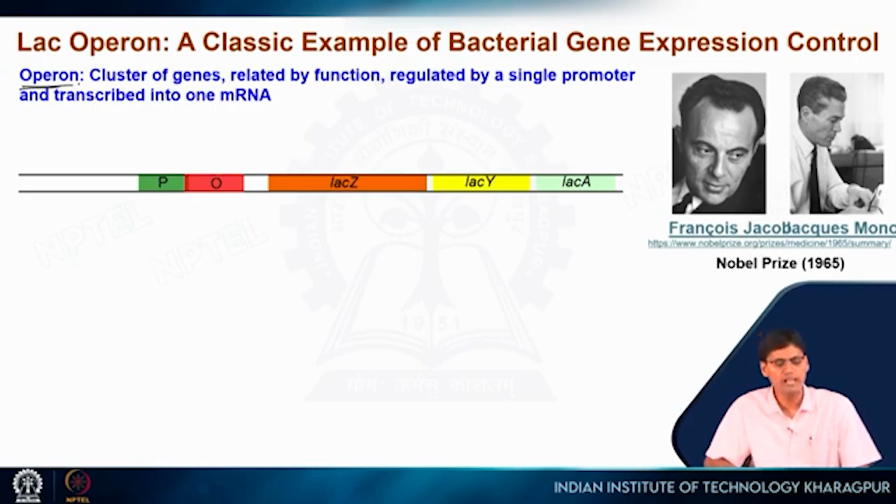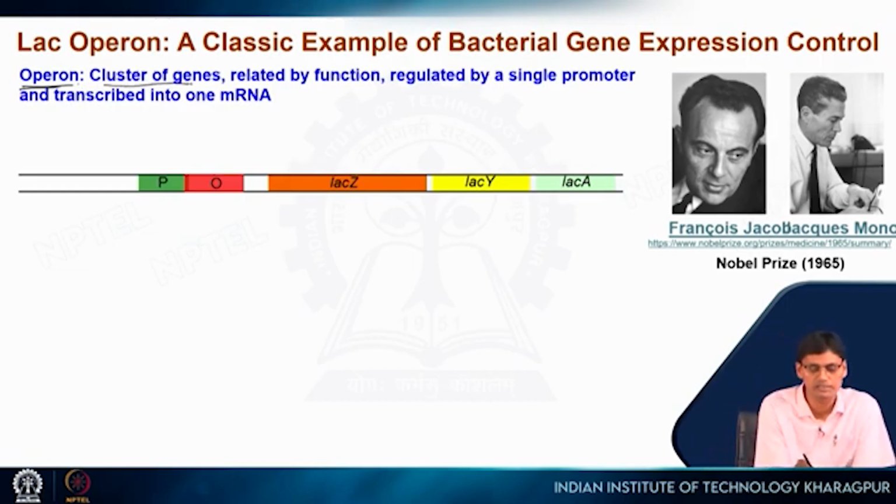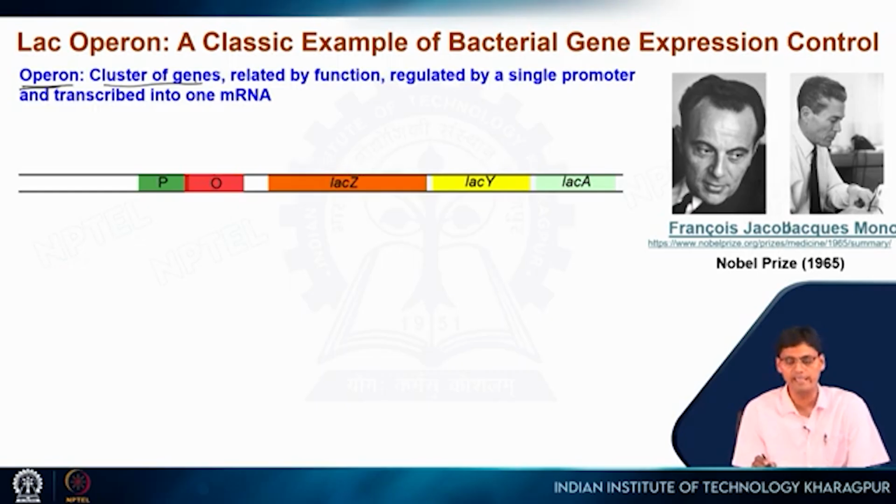This word operon, I believe, came from the Latin word opera, which means perform or work. So now if you see, this is a cluster of genes. You can see here we are mentioning 3 genes: LacZ, LacY and LacA.